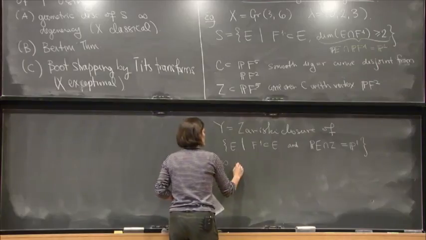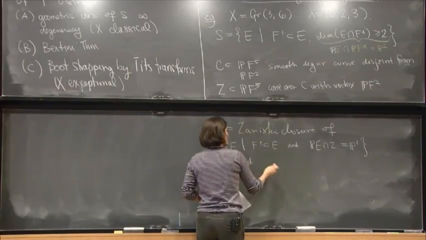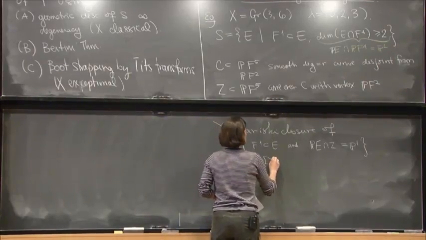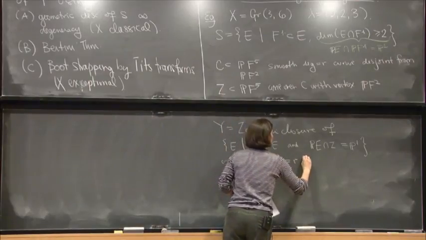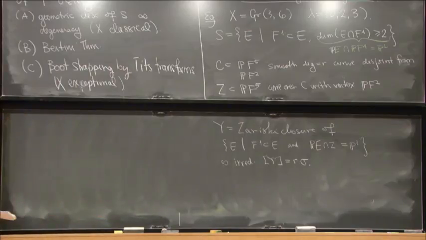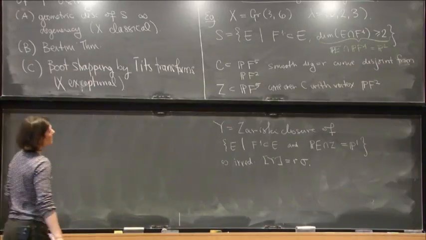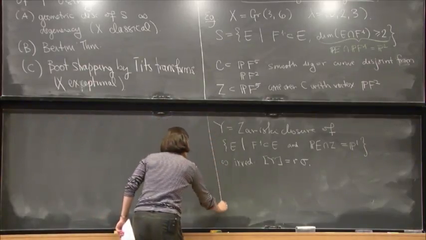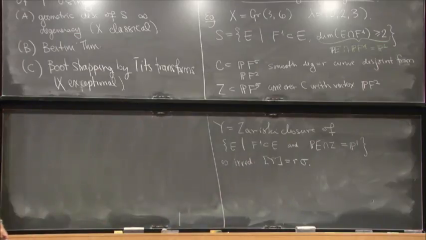This is irreducible. You can check, and homologous to R times the class. And then similar arguments work in the Lagrangian Grassmannian, the spinor variety, that type of idea. So the second construction is based on Bertini's theorem.